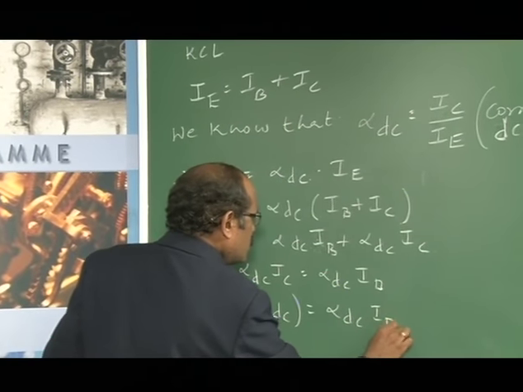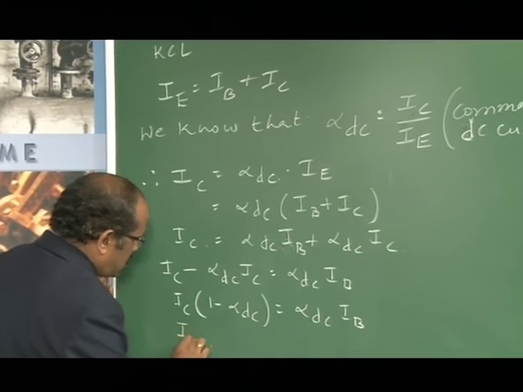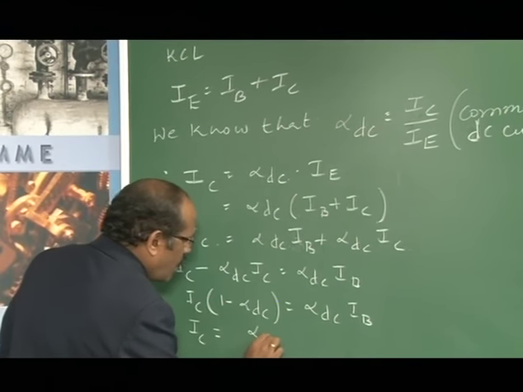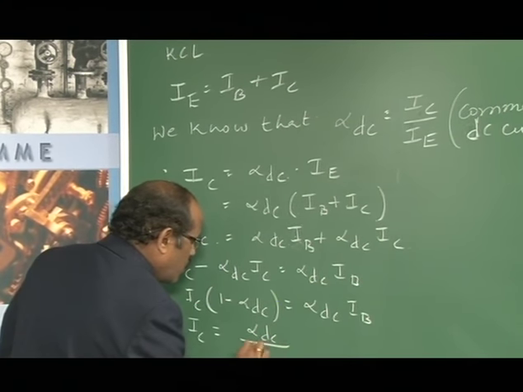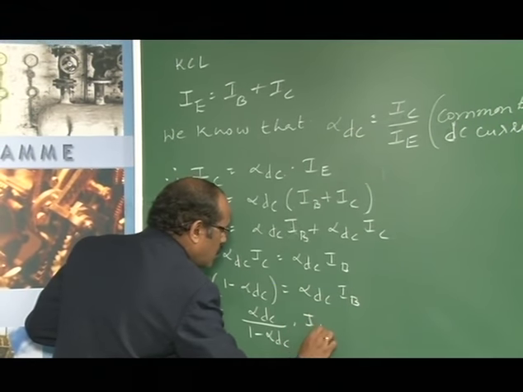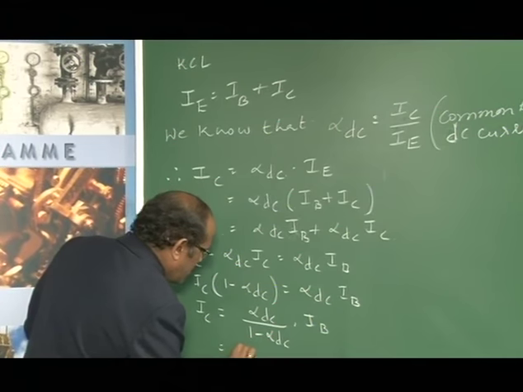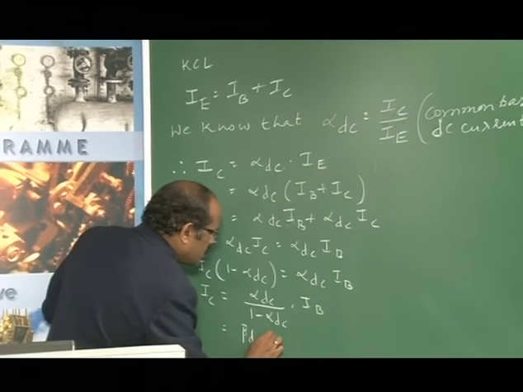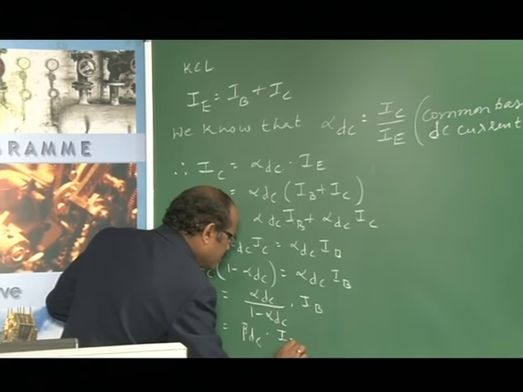Therefore IC equals alpha DC divided by (1 minus alpha DC), into IB, which I can rewrite as beta DC into IB.